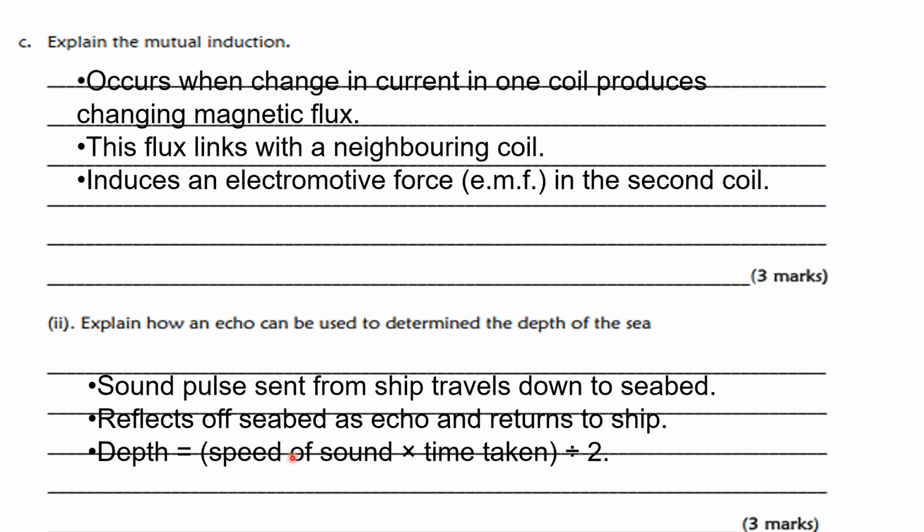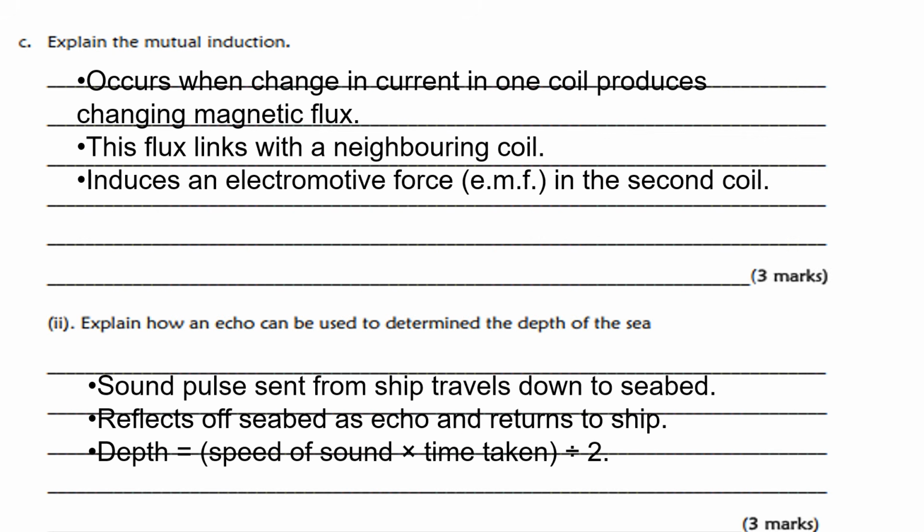You divide by 2 because the sound goes into the water to the bottom and back. It's two-way. So the distance can be found by simply taking the speed of sound multiplied by the time taken. By saying these 3 points, you have 3 marks.